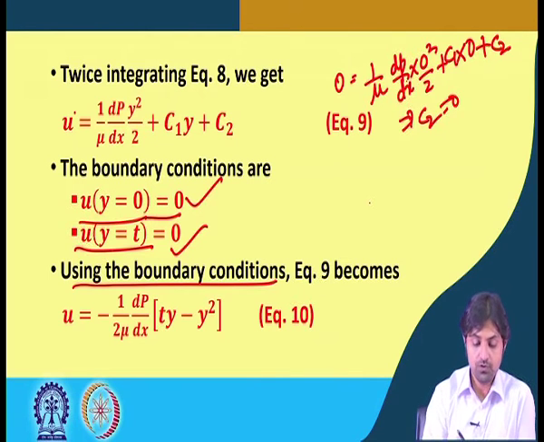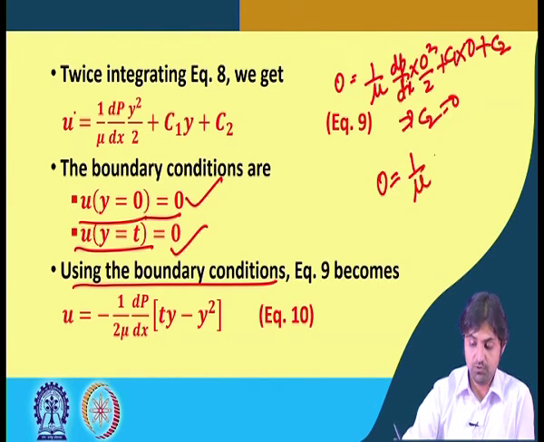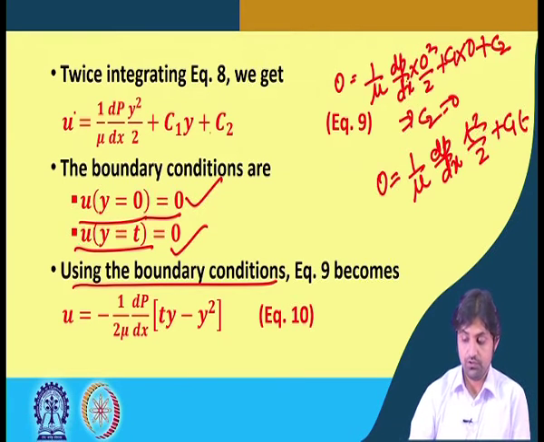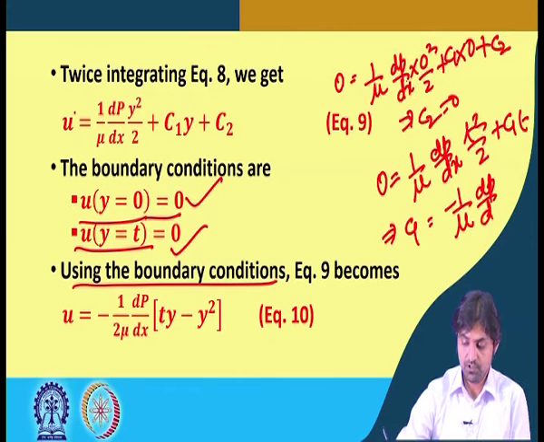And if you do u at y is equal to t, which is also 0, then 1 by mu dP/dx, and y here is t, so t square by 2 plus c1 t, because we already found out c2 is 0. This is how you obtain c1. c1 is going to be minus 1 by mu dP/dx t by 2.